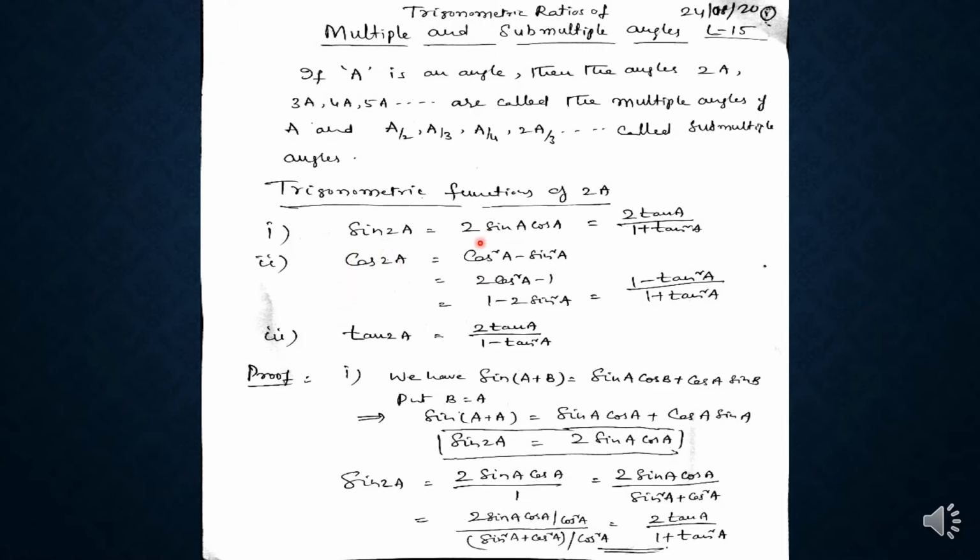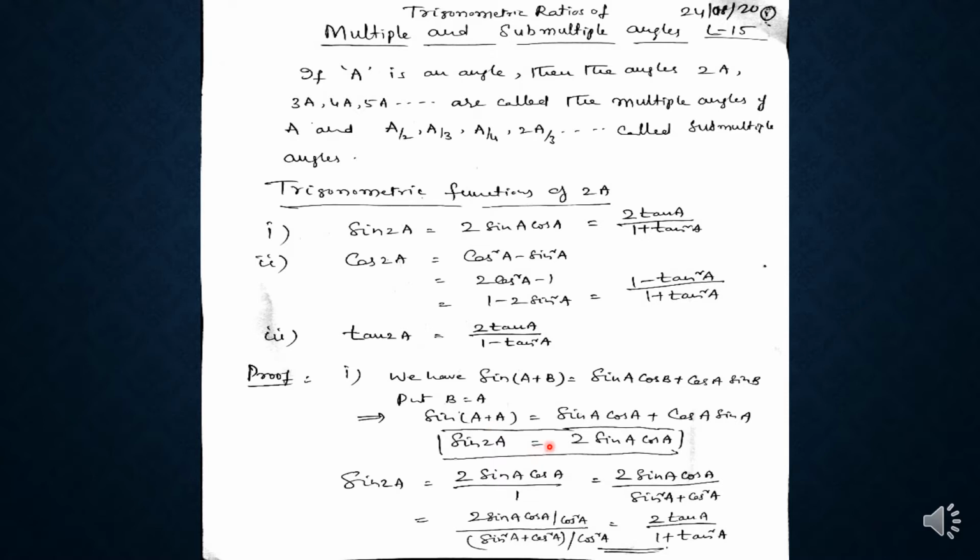To prove sin 2A is equal to 2 sin A into cos A: in the compound angles, we learned what sin of A plus B is. Sin of A plus B is equal to sin A into cos B plus cos A into sin B. If we put B is equal to A in this formula, it becomes sin of A plus A is equal to sin A into cos A plus cos A into sin A. So sin of A plus A becomes sin 2A.